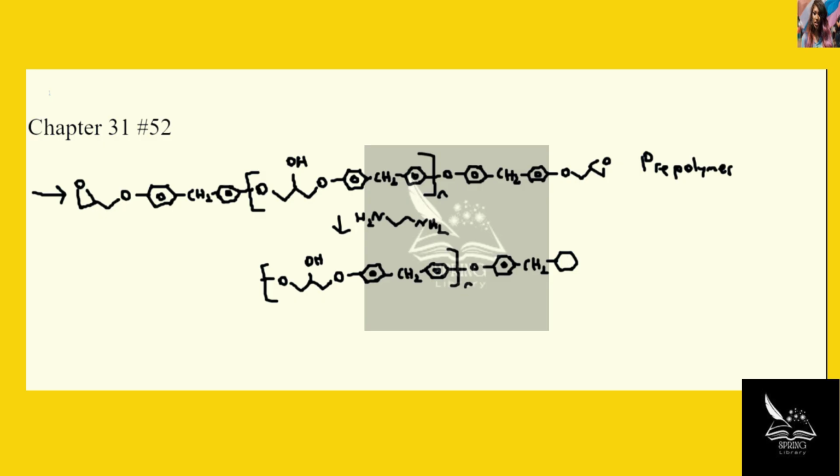Right. So actually, the better way to draw that would be like this. So there's our repeating core, but the way that I drew it up here, I think that I made a mistake.